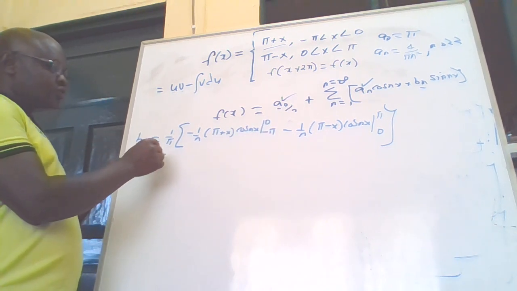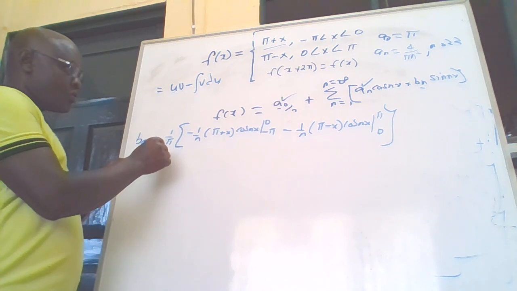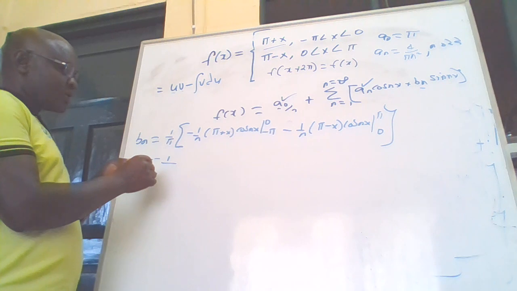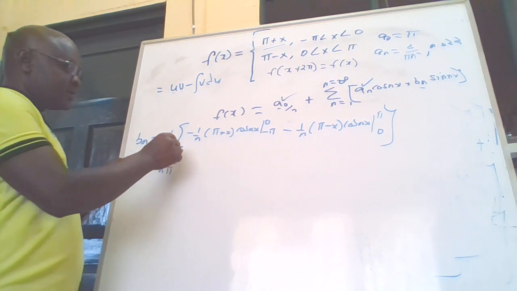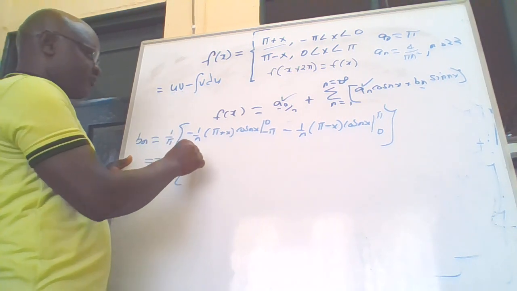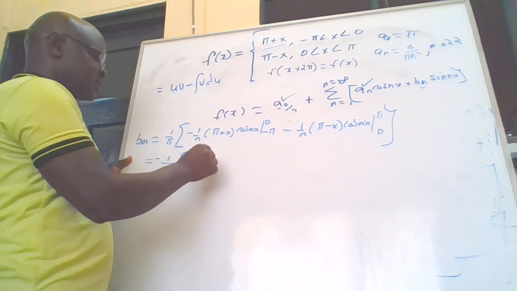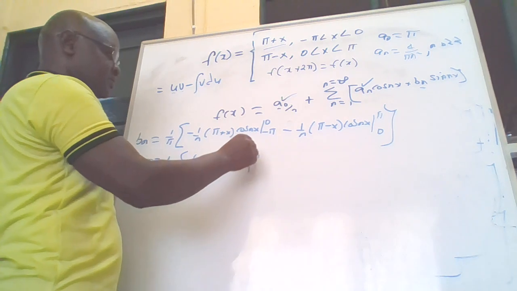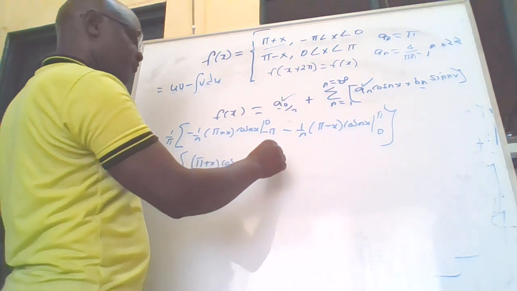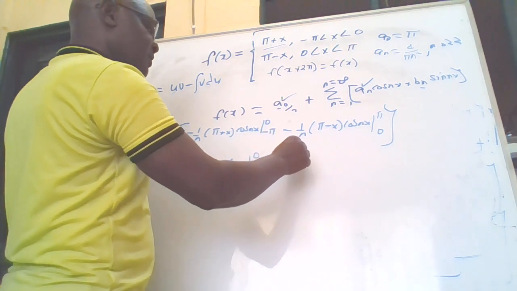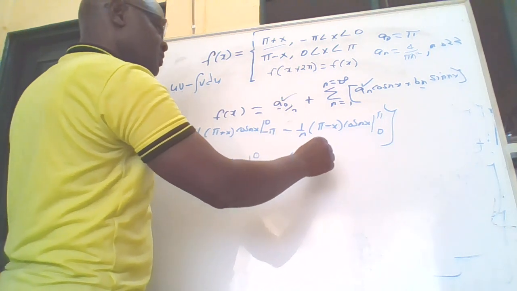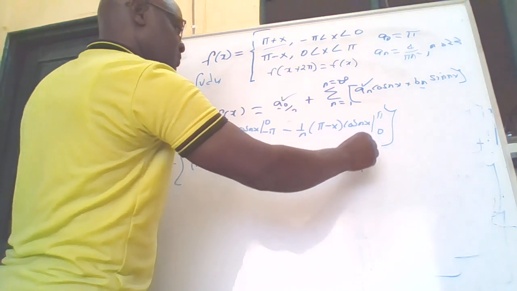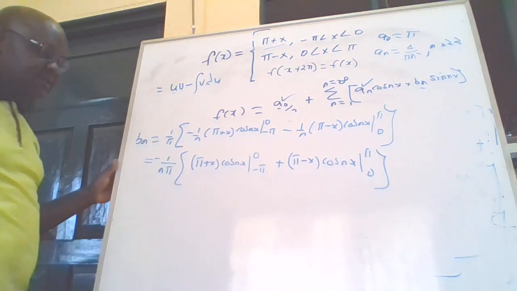So this equals 1 over minus 1 over n pi into, now I have pi plus x cos nx, then I have plus pi minus x cos nx, like that.